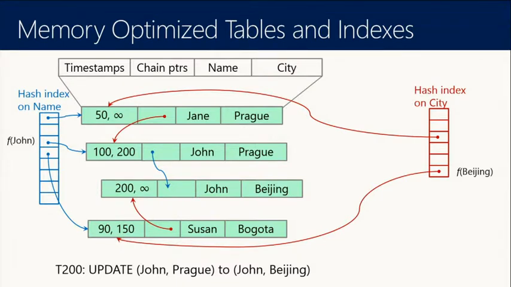So the disadvantage of a hash collision, of course, is that when you seek on Beijing, Beijing is mapped to this bucket, then you go to this row, but you will need to skip it because it doesn't match Beijing. So you need to potentially navigate a number of rows before you get to the right row. Therefore, it is important to reduce the chances that there are hash collisions.